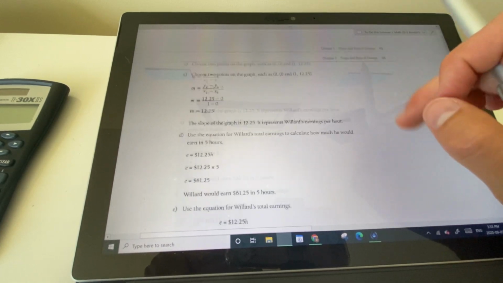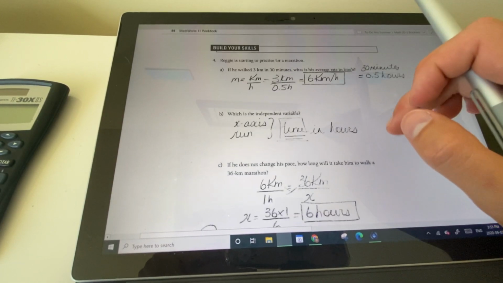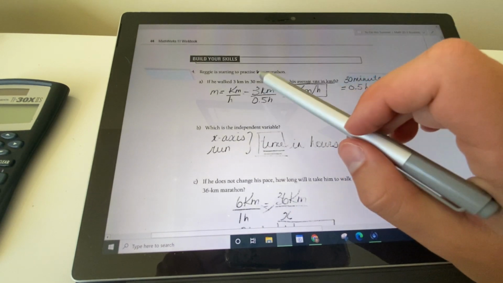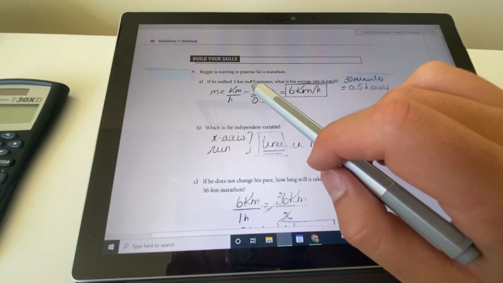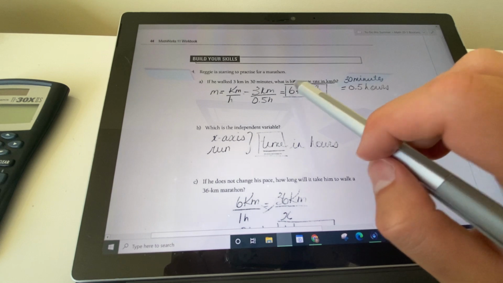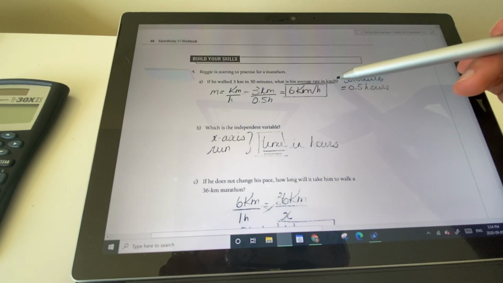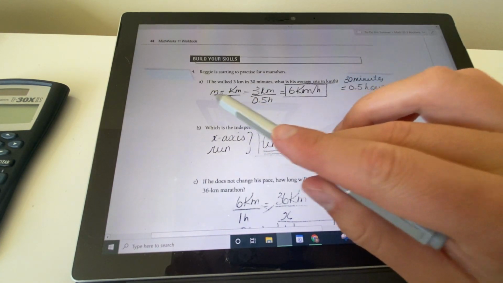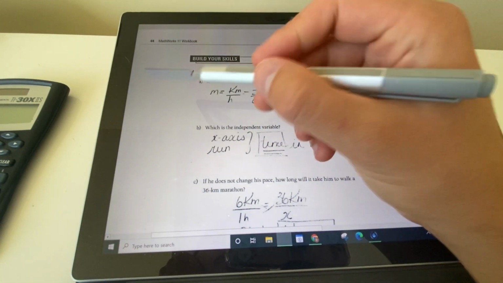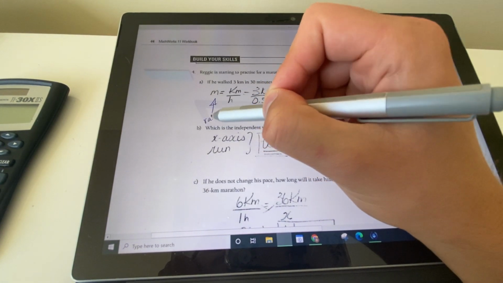So let's maybe look at an example that we can do together. So like here, Reggie's starting to practice for a marathon. If he walked 3 kilometers in 30 minutes, what is the average rate in kilometers per hour? Well, here its slope, or its rate of change, remember, slope is also known as rate of change.